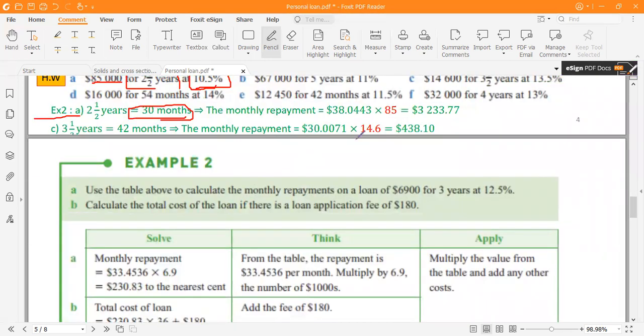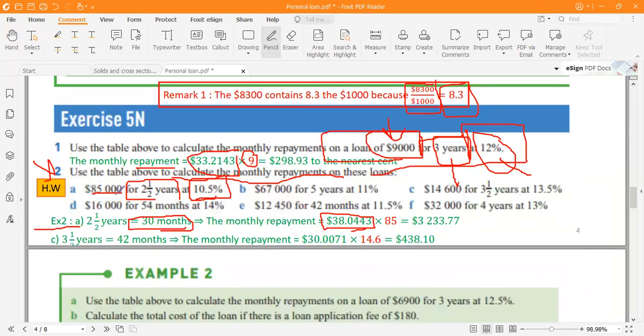So we multiply this monthly payment by the coefficient 85, which is 85,000 divided by 1,000, to obtain the monthly repayment for a loan of $85,000 for 2.5 years at an annual interest rate of 10.5%.